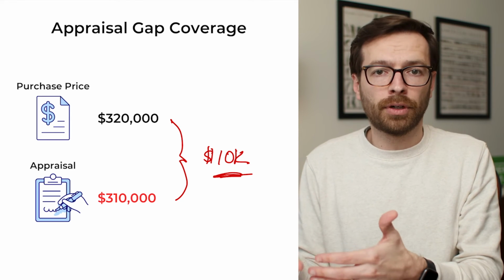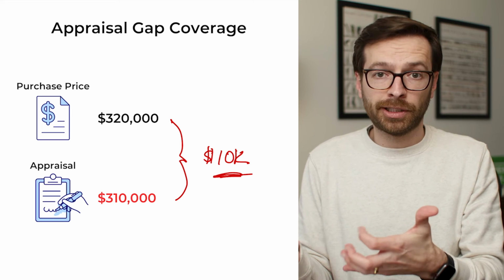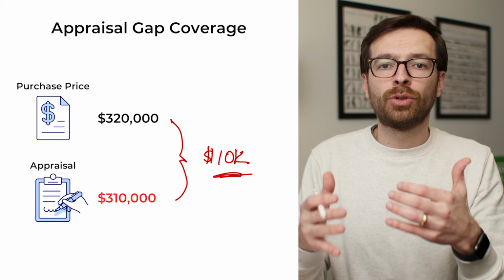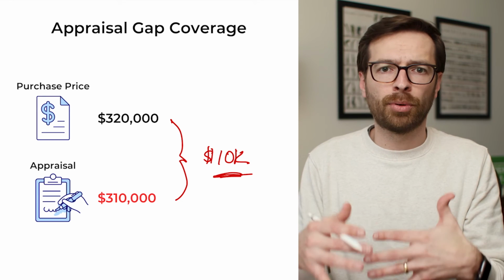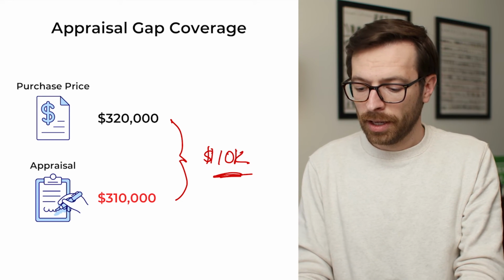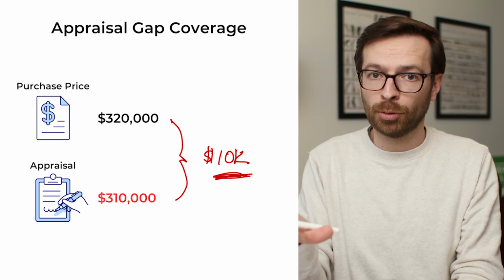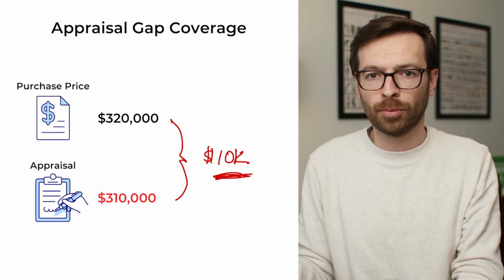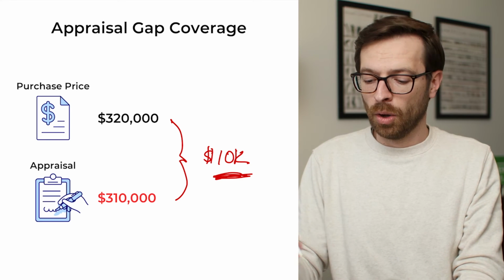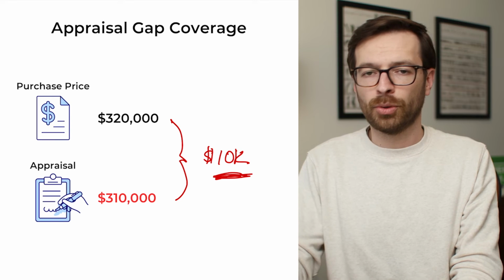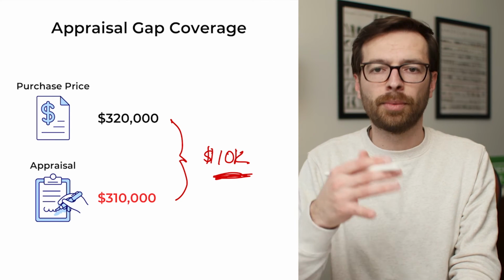Now, in an offer, you're going to use verbiage that says something along the lines of, the buyer is willing to cover a gap in the appraisal up to $10,000. Something along those lines. This is not exact verbiage. Don't use this exact verbiage because you also want to say, we'll cover up to a $10,000 appraisal gap up to and including the purchase price, something along those lines.